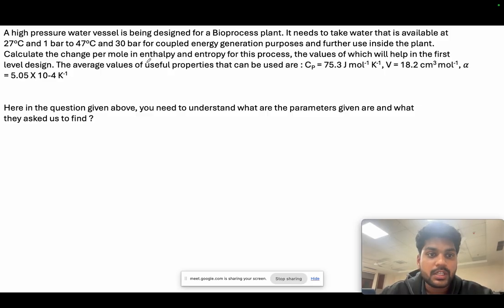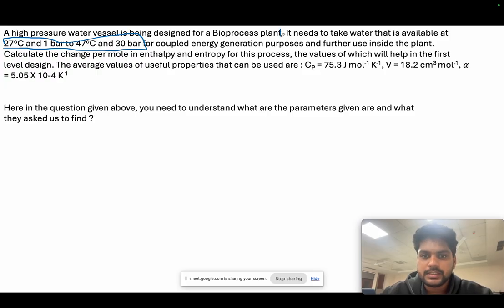Can you tell me what things have been given here so that we can understand how to do the calculation? They have given the pressure and temperature and are asking us to find the enthalpy and entropy. The question says a high pressure water vessel is being designed for a bioprocess plant.